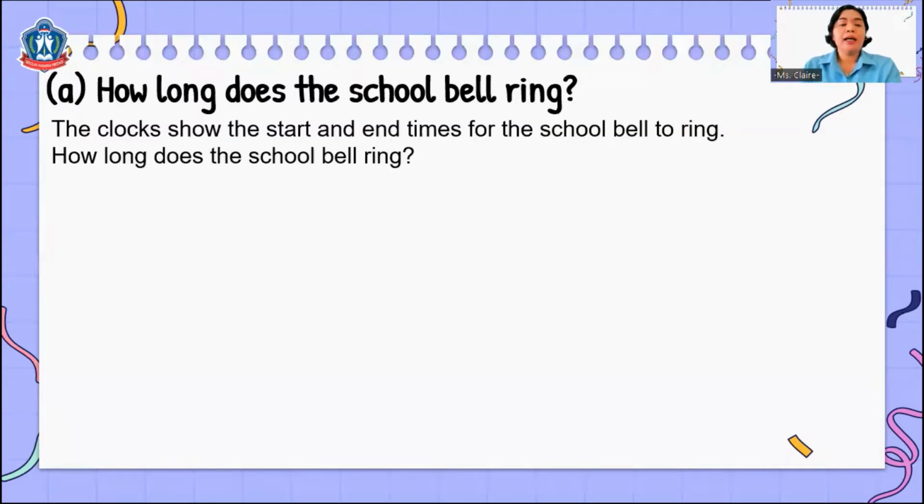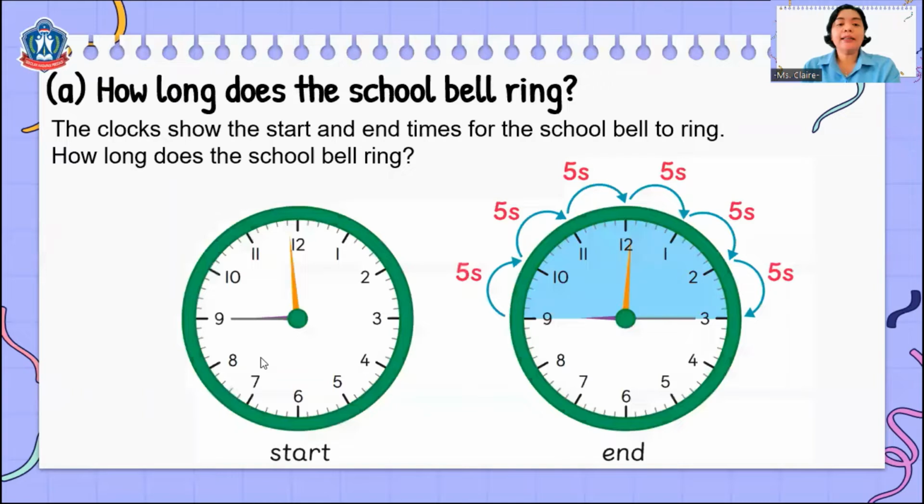Take a look. The clock shows the start and end times for the school bell to ring. How long does the school bell ring? So we will focus on the second hand. The second hand is pointing on number 9. On the end time, from 9, it goes to number 3.